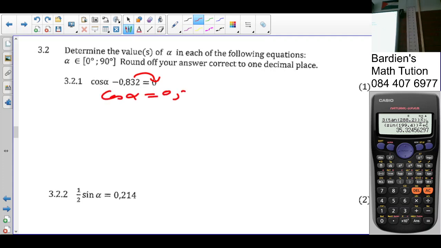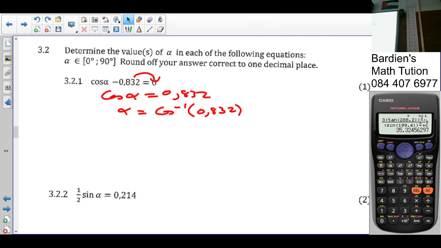Okay, take it over the equal sign, it becomes positive. Alpha is equal to shift cos of 0,832. 0,832 gives 33,69, so to 1 decimal place is going to be 33,7 degrees. Okay, the next question.